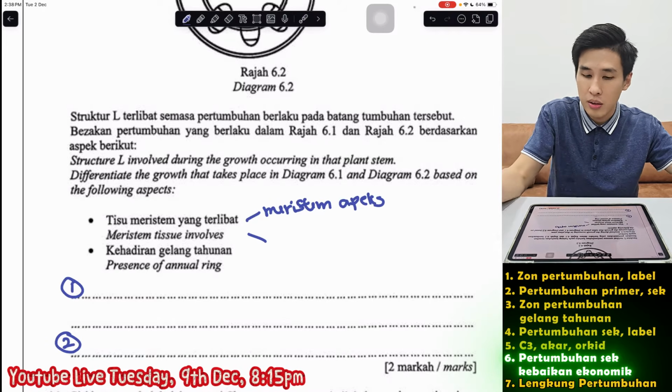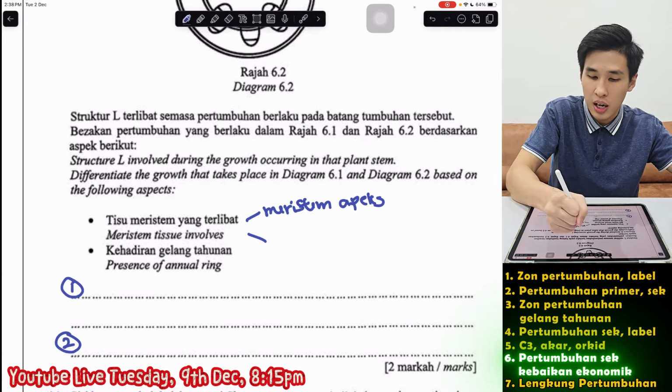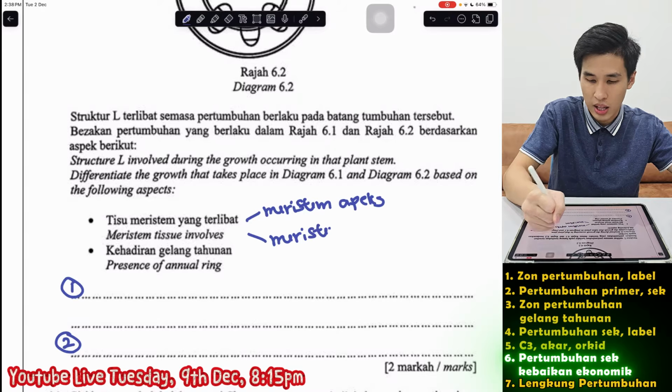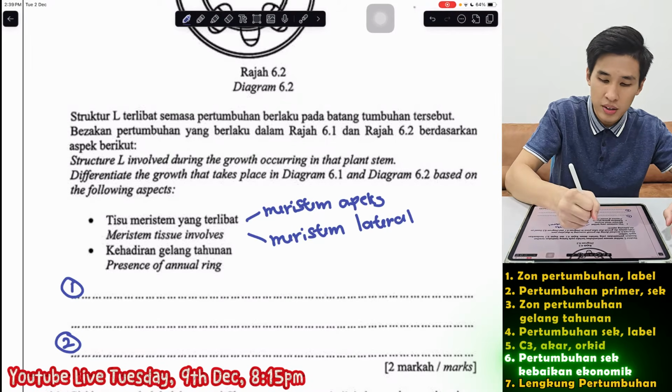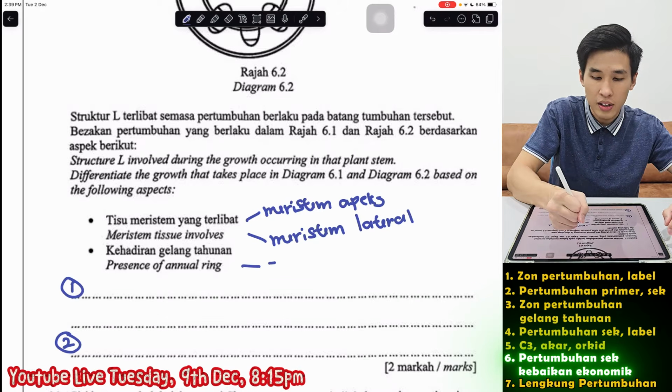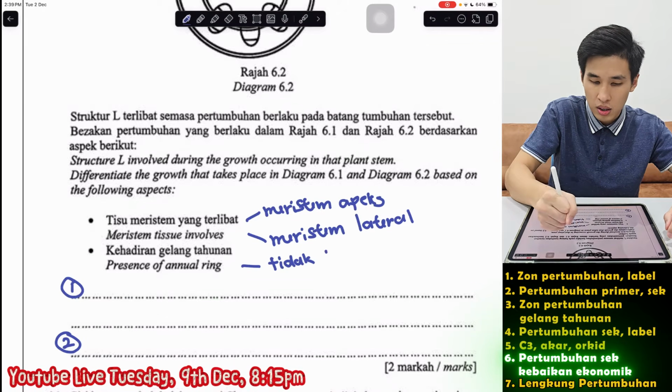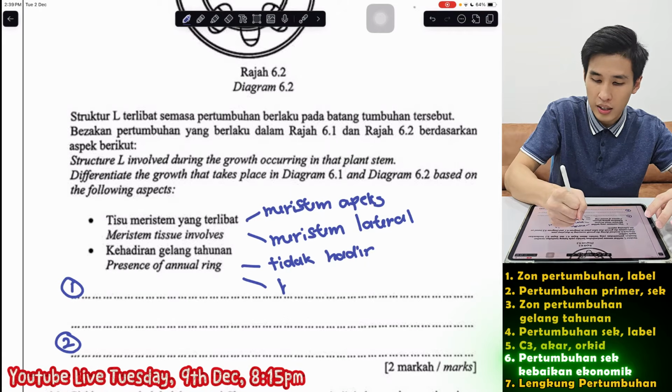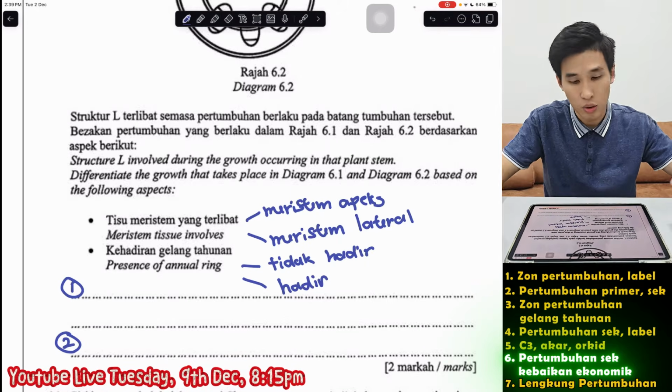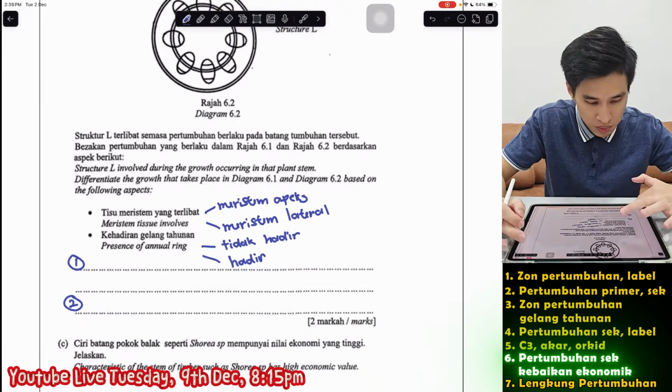Tisu meristem yang terlibat dalam 6.2 adalah meristem lateral. Then gelang tahunan dalam 6.1 tidak hadir. Gelang tahunan dalam 6.2 hadir. That's how you answer. So I just briefly write the main points only.